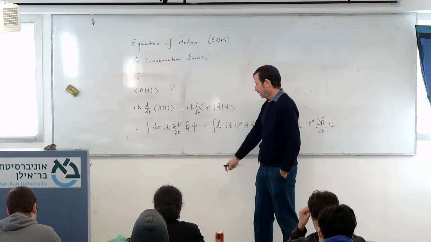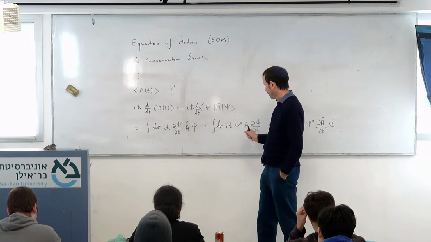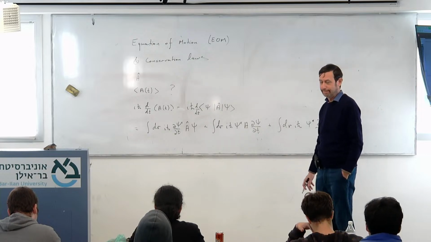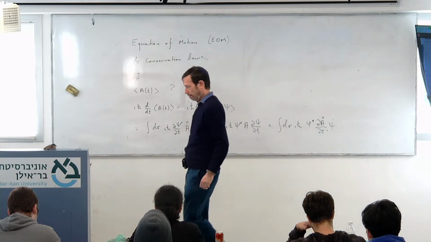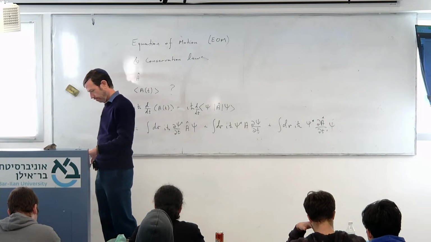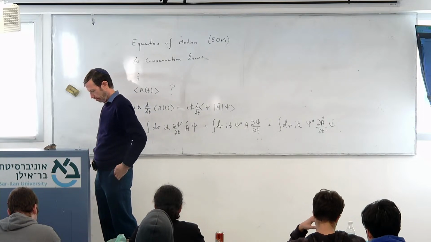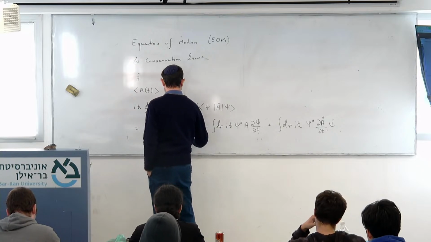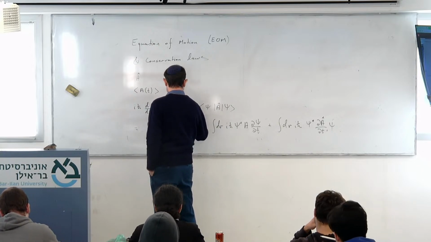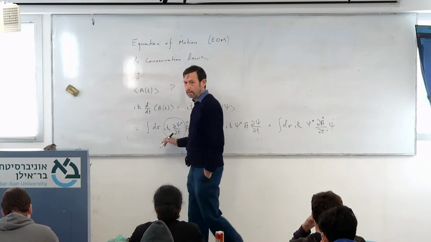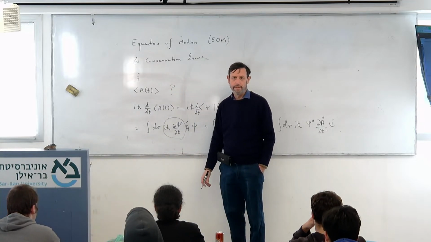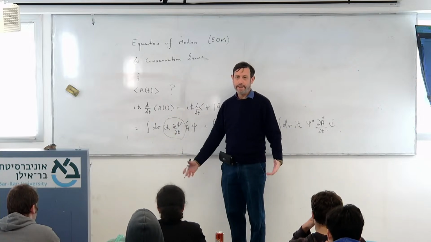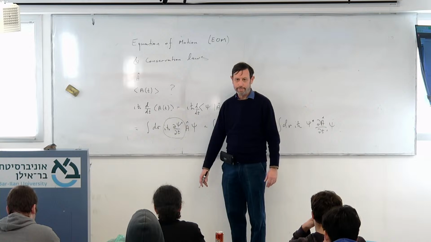So here's the first, third, and second. What is this? The Schrödinger equation. The left hand side of the Schrödinger equation.